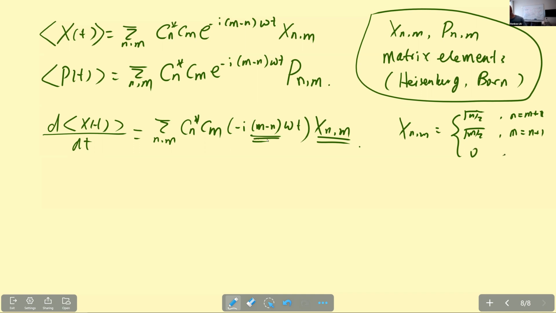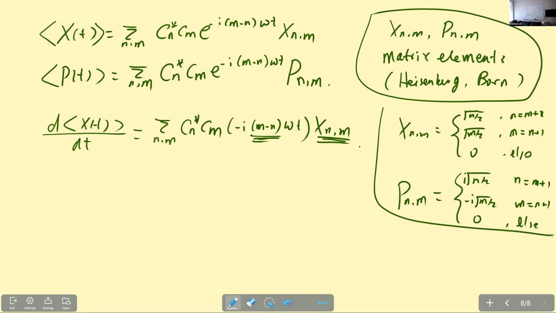So this factor is either plus 1 or minus 1, depending on which one is larger, right? If you compare this to the momentum operator, this is i times the square root of m over 2 if n equals m plus 1, and minus i times the square root of n over 2 if n equals m minus 1. Otherwise, it's 0, right?